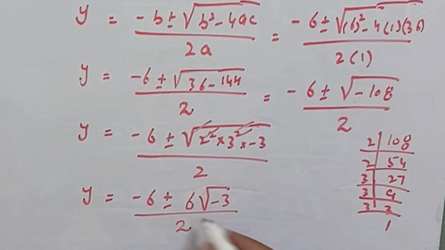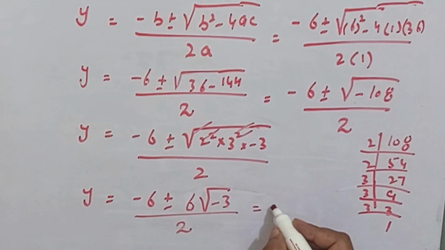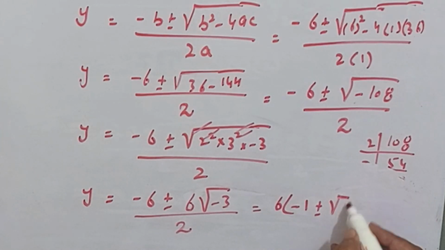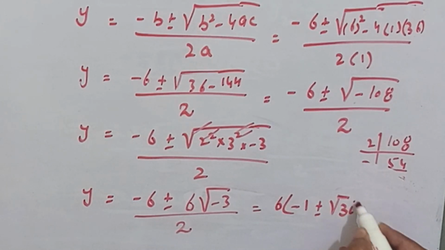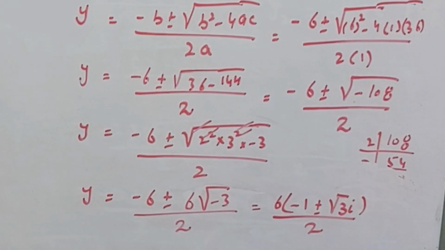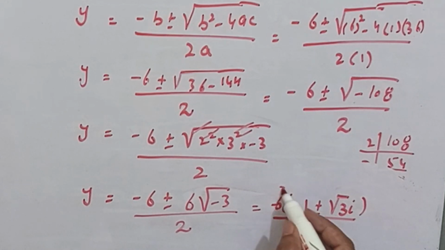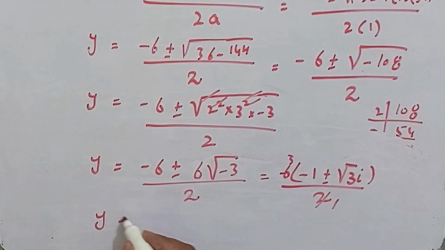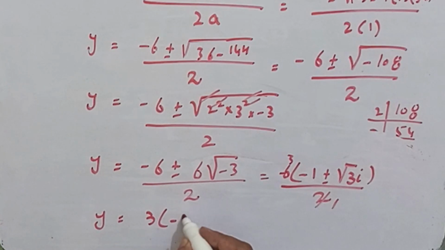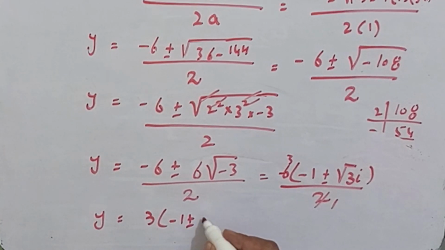In the next step, we write this as 6 times square root of negative 1 times 3, over 2, which is plus or minus 3 iota square root 3 over 2. Now we simplify this, 2 ones are 2 and 2 threes are 6. So the value of y is 3 multiplied by negative 1 plus or minus square root 3 iota.